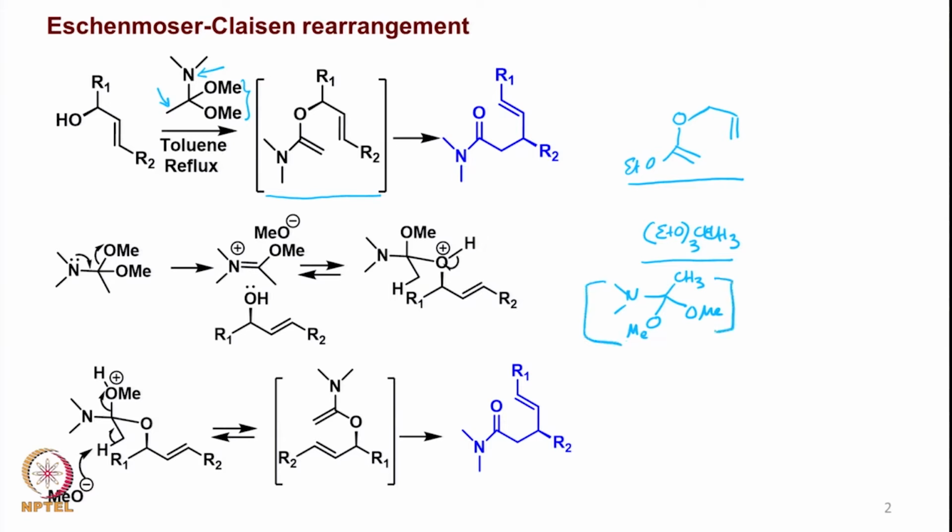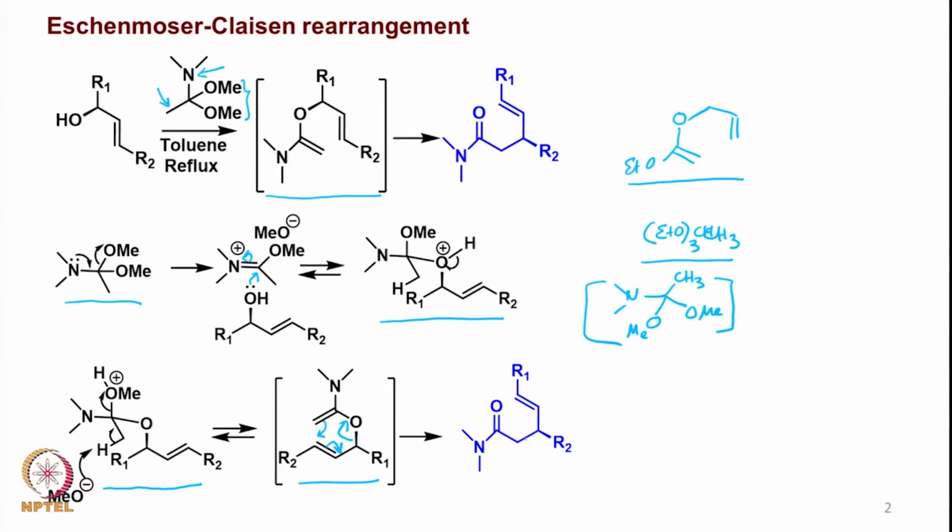This is the reagent used here, and we saw the mechanism last time: this group cleaves off, and then the pair of electrons attacks the carbon atom here, and the positive charge gets neutralized to form this intermediate, which loses a proton to form an intermediate of this kind, and upon rearrangement goes to this.